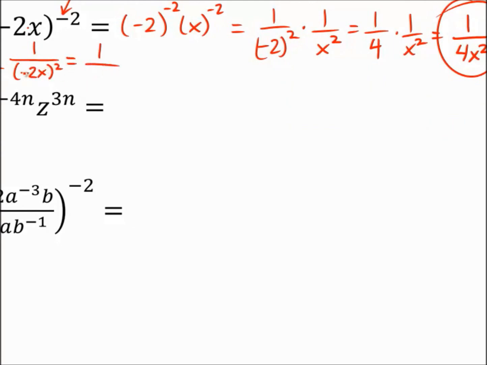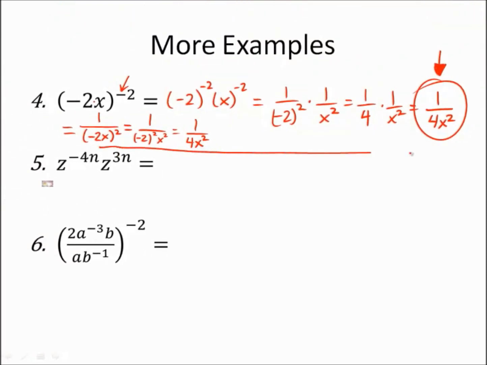And then squaring each of those, resulting in 1 over 4x squared, which is almost simpler. Sometimes certain ways are simpler, and it's difficult to choose which to apply first. It really just comes with practice.